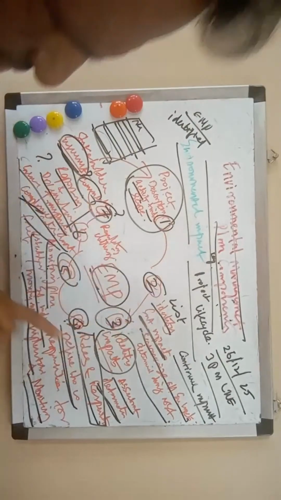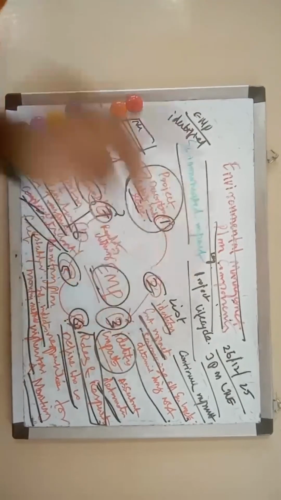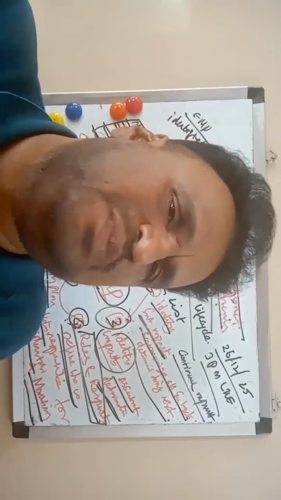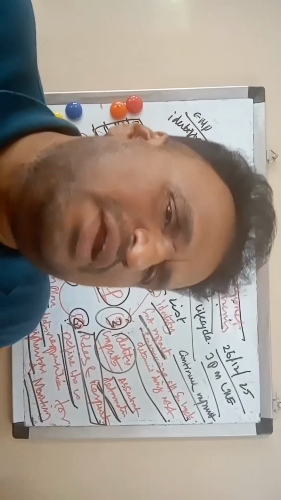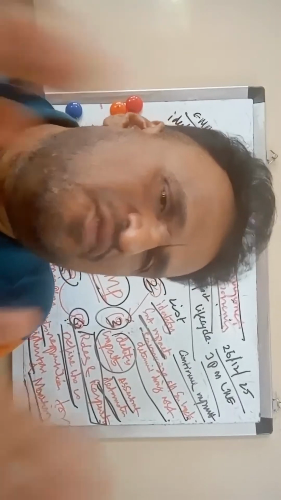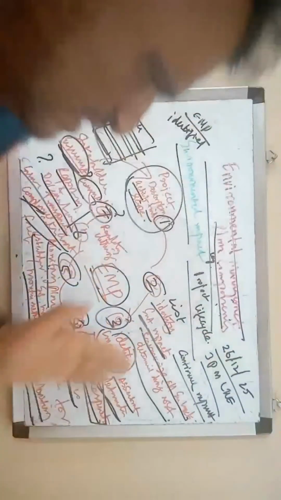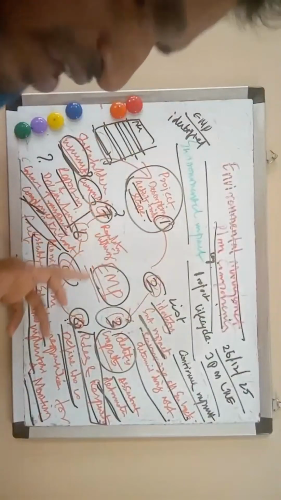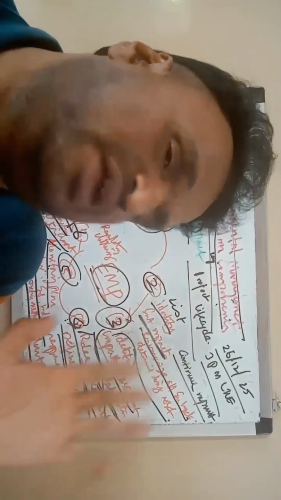So this is the life cycle of key components. These key components are very important for any kind of environmental management plan. When you are preparing this plan, it must contain these 7 key components.